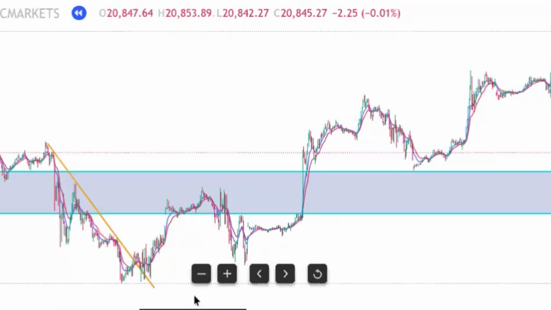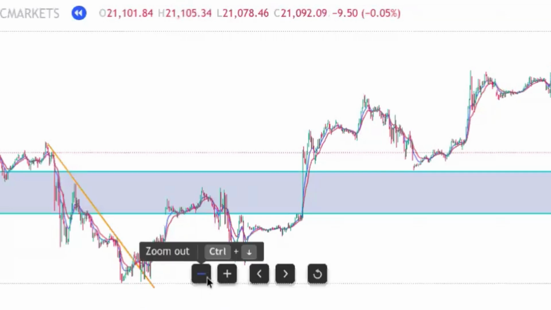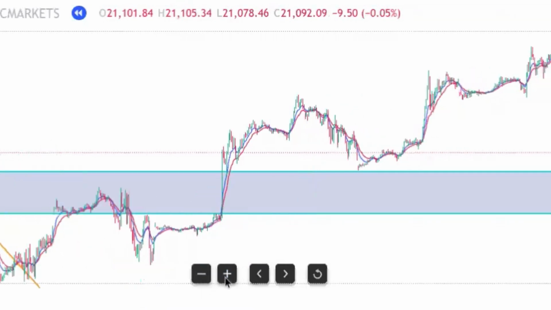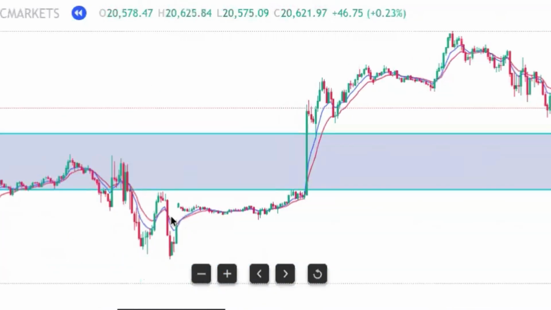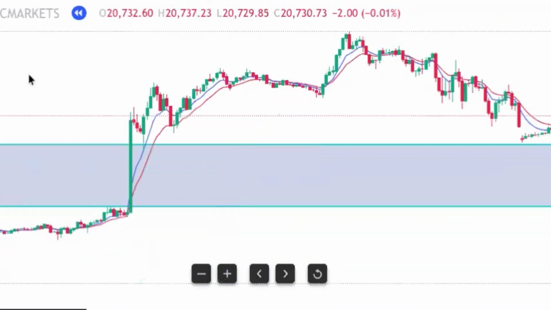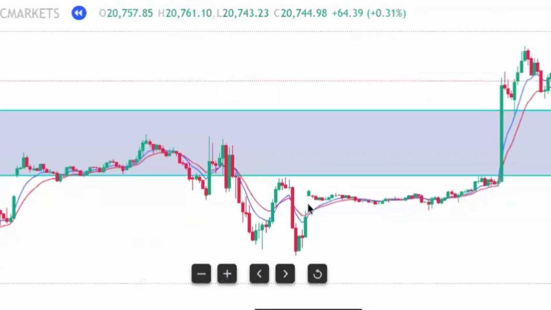So if you've got areas where you've got gaps in the market, let me zoom in here. It can be physical gaps like this, or you can literally have fair value gaps in between the candles, right? So this is a physical gap. You can see them quite often.